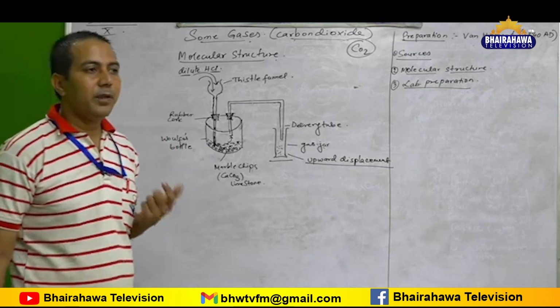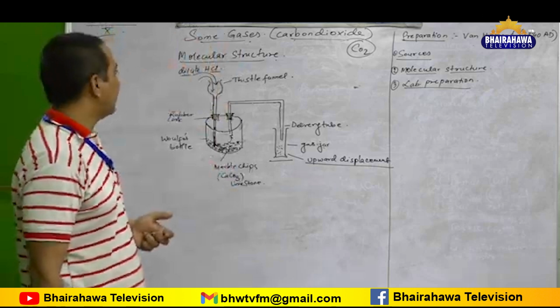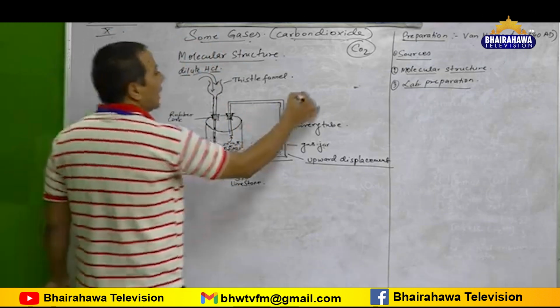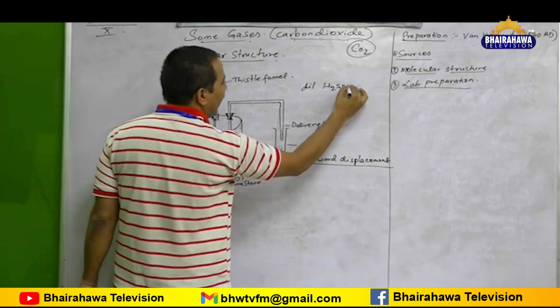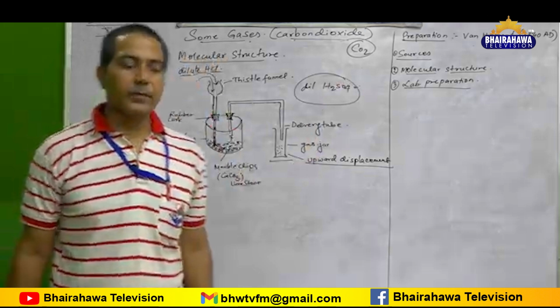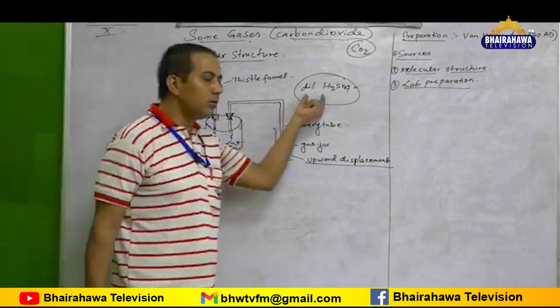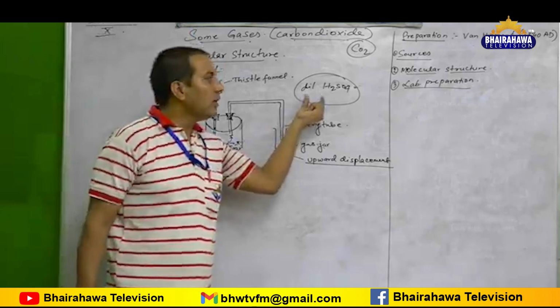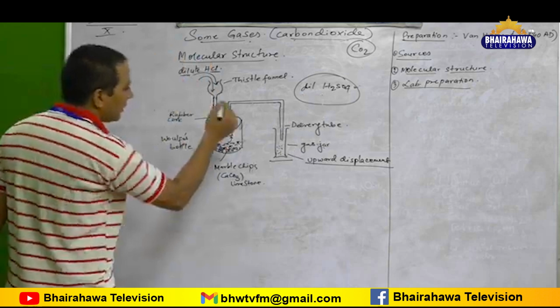Now, while preparing, can we use another acid like dilute H2SO4? What happens when we use H2SO4? We cannot use dilute H2SO4, because when we put it, what will be the reaction?